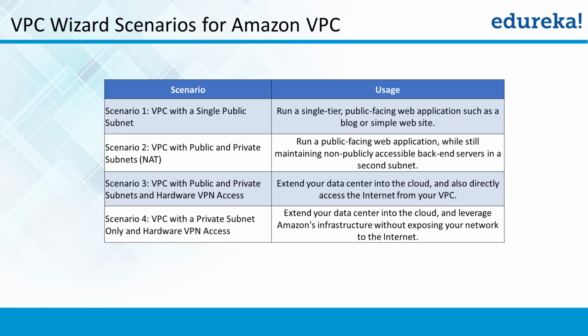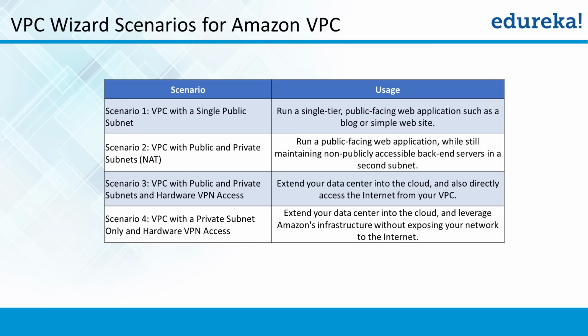Now scenarios 3 and 4 are similar to 1 and 2, except they talk more about corporate applications where the applications are accessed mainly from your corporate network. For example, in scenario 3, you have a public and private subnet, and you use a VPN connection to talk to the VPC, so that from your corporate network, over an encrypted channel, you can connect to your servers.